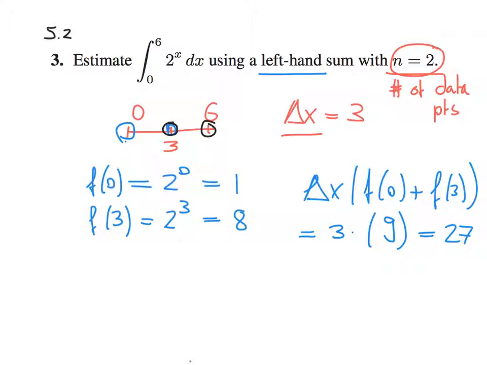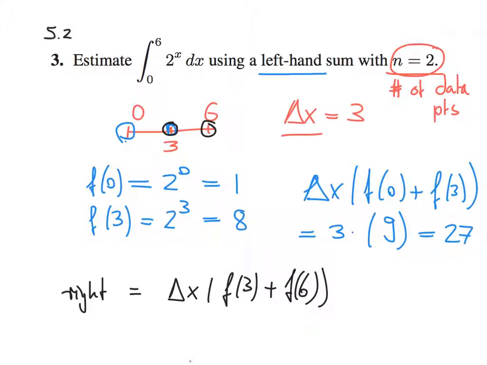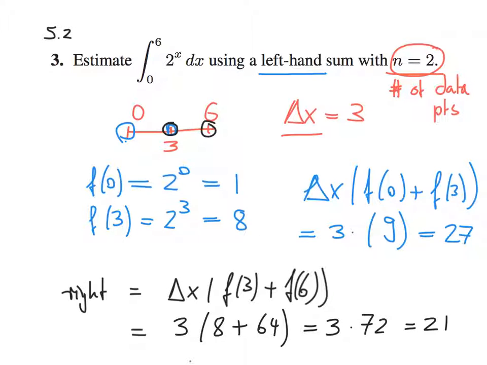So the right sum would be delta x times f of 3 plus f of 6, which would be 3 times 8 plus 2 to the 6, which is 64, so it would be 3 times 72, which is 216.